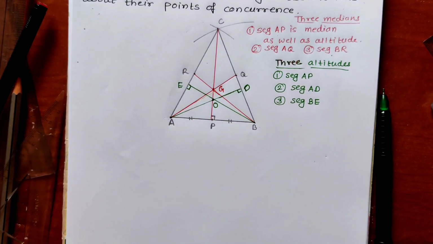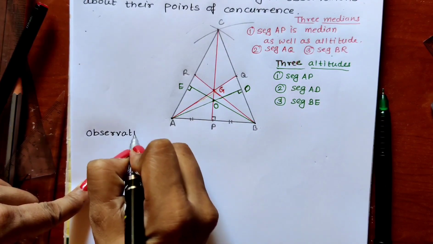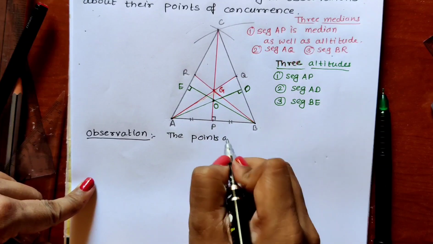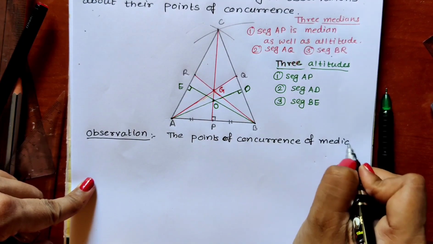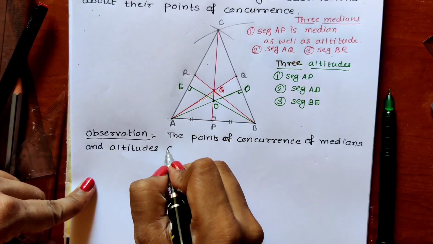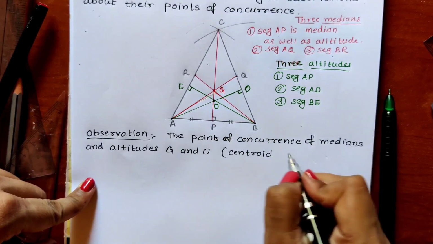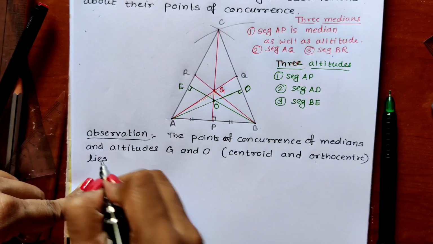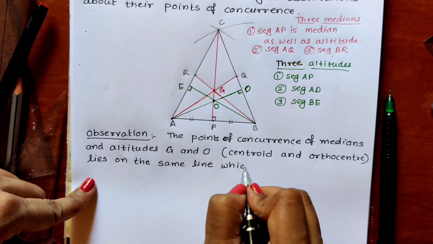Let us write: the points of concurrence of medians and altitudes, G and O, that is centroid and orthocenter, lie on the same line, which is, this line is what?